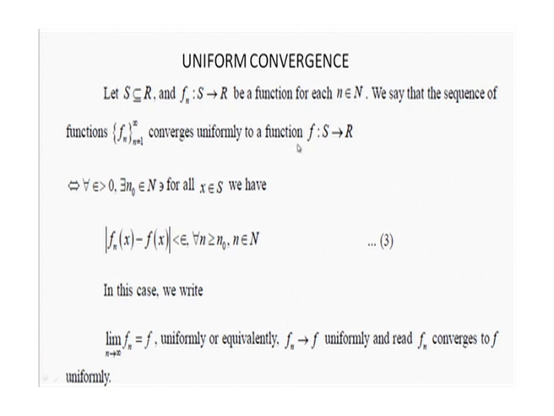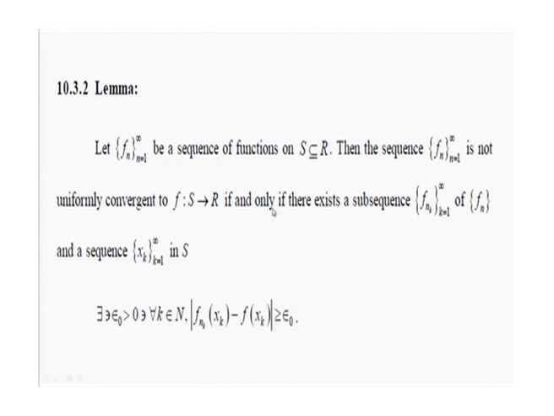Let us look at an example. In fact, the negation of the definition of uniform convergence gives this lemma: fn's are functions on S, and the sequence fn is not uniformly convergent to a function f from S to R if and only if there is a subsequence f_{n_k}, k equal to 1 to infinity, of fn, and a sequence x_k, k equal to 1 to infinity, in S, such that there exists an epsilon naught such that for every k in N, the distance between f_{n_k} of x_k and f of x_k is greater than or equal to epsilon naught.